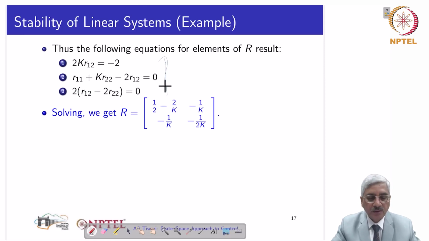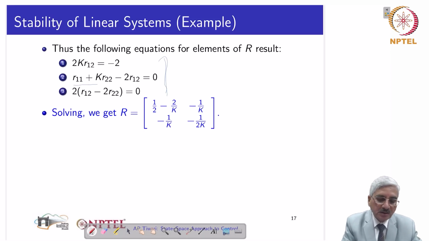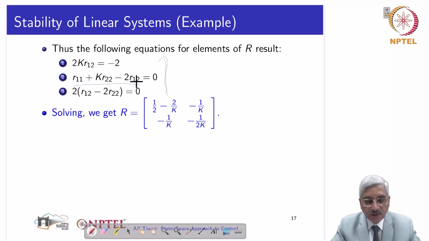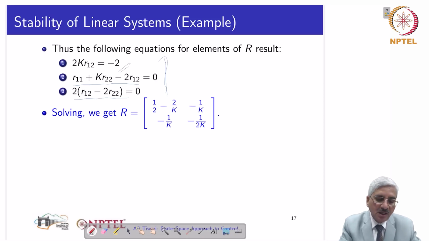2k R12 equal to minus 2, R11 plus k R22 minus 2 R12 equal to 0, and the third one, 2 R12 minus 2 R22 equal to 0. Now the first one will give R12 equal to minus 2 by 2k, or minus 1 by k.